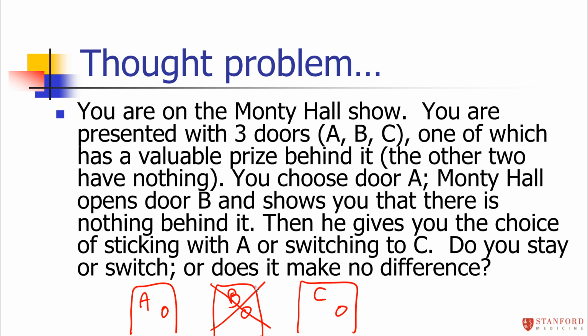The reason the probabilities get updated is that originally there was a 1/3 chance of the prize being behind any given door, but Monty Hall injects information into the problem. He has information that he uses when he shows you the empty door, and that changes our probabilities.